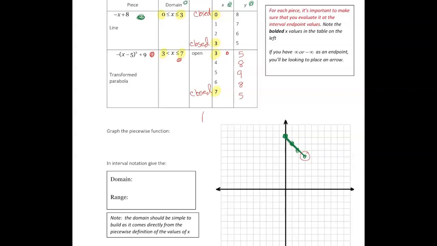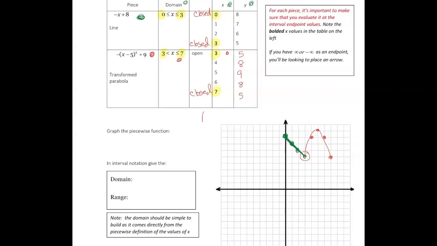So that's 5, 6, 7, 8. And then I need 5, 9. So that's 8, 9. And then I need 6 back to 8. And 7 back to 5. Okay, so you can see I can capture the curve of the parabola. So don't connect those with straight lines. Okay, and the parabola is going to end there, so I have no arrowheads either.